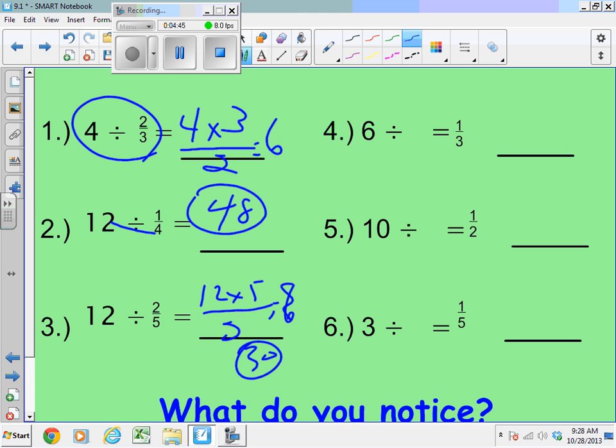Okay? What about this one, 6 divided by 1/3, since we got 3 problems out of the way that we already did. Jillian, what does 6 divided by 1/3 look like to your team? Carly, who did you work with?